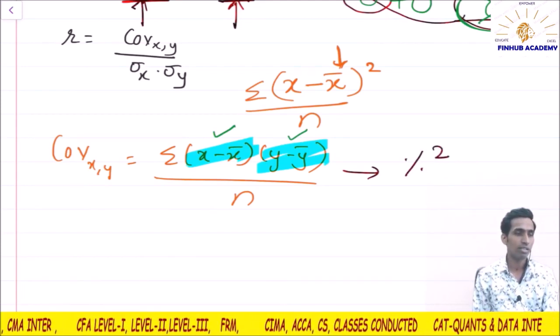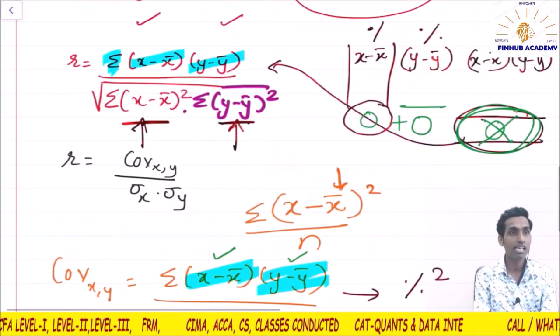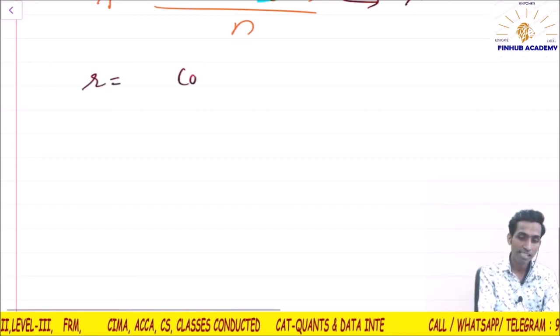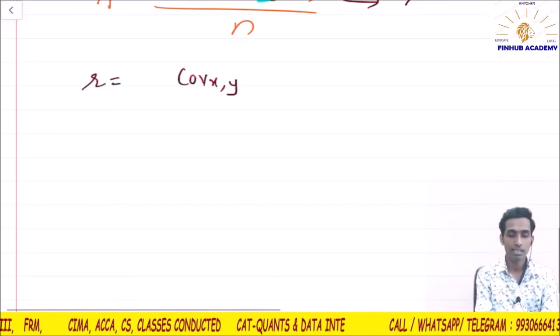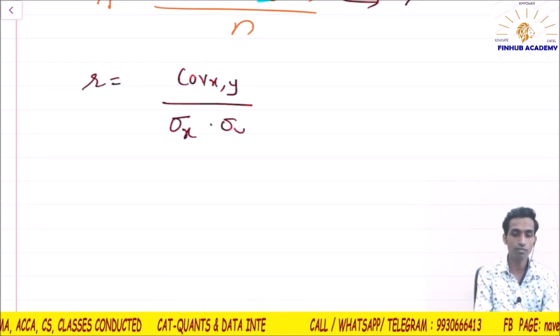Understood? Now I will tell you how I derived this formula. Listen carefully. R is covariance of x comma y upon standard deviation of x into standard deviation of y.